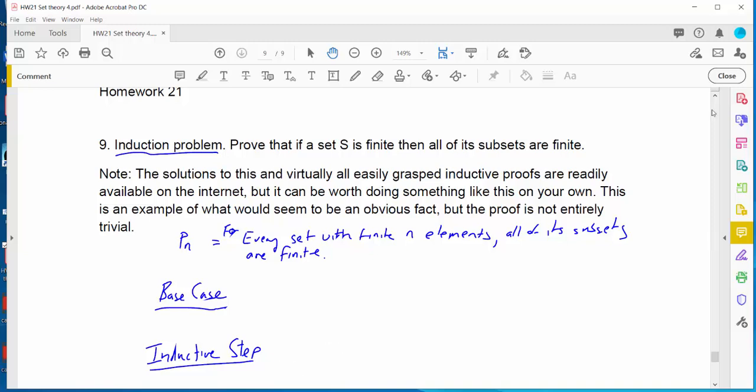Now in the inductive step, it turns out that in this case it's better to do it by strong induction, which means that you are going to assume that P(k) is true for all k less than or equal to n.